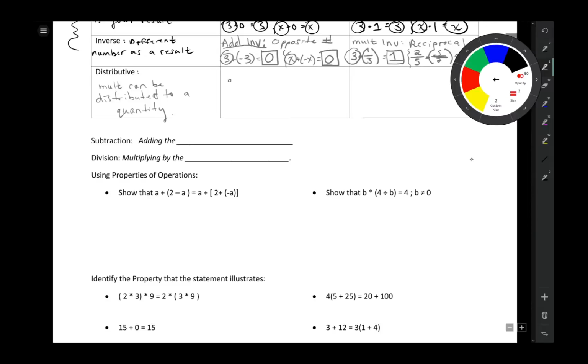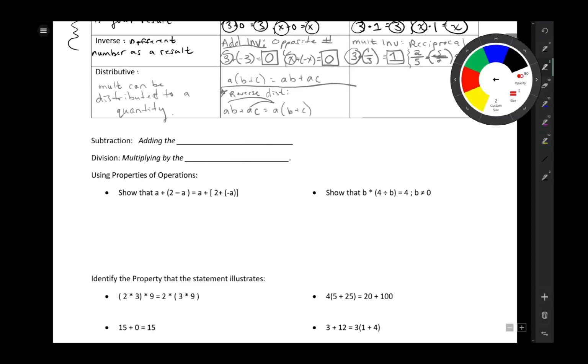If you have A times some quantity B plus C, it's the same thing as AB plus AC. Here is the biggest thing, okay? This is certainly true. Now, we can reverse this. So, if you have AB plus AC, you can undistribute to A times the quantity B plus C. So it goes both ways.